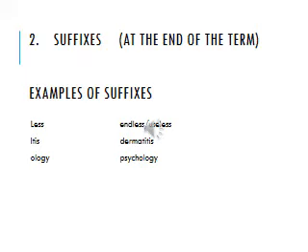When we say psych, it means the self. So when we add ology to the word psych, it means the science concerned with studying the diseases and the disorders of the psyche. So ology here is a suffix that means science.